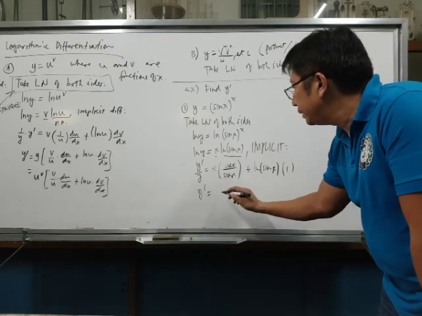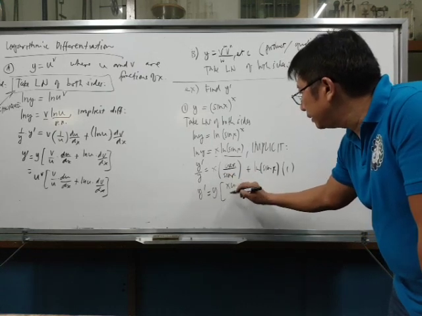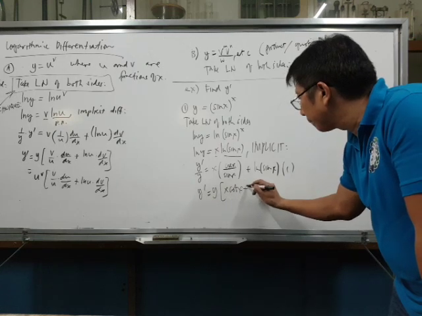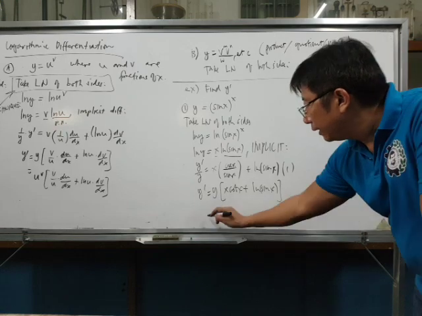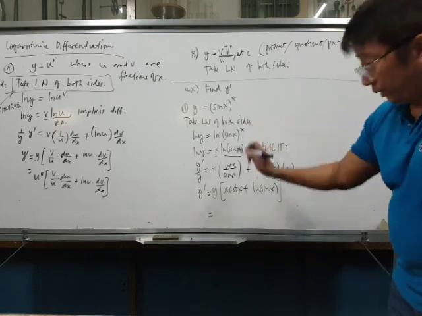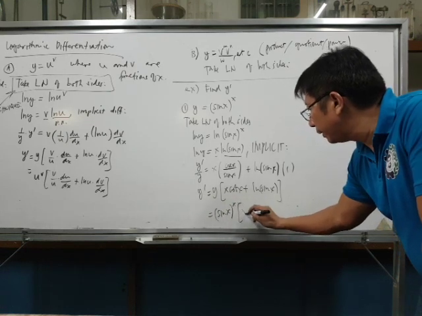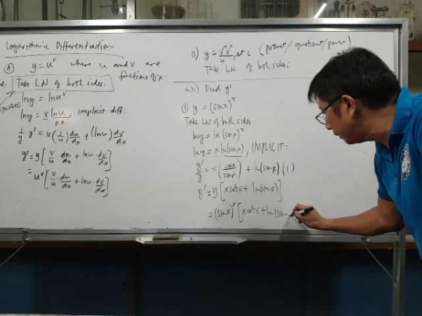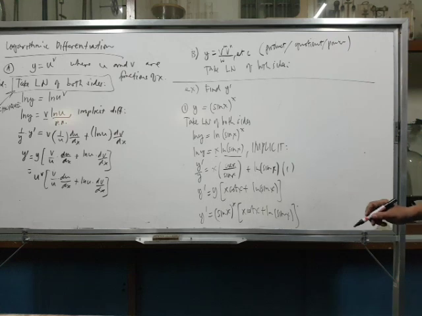So y prime equals y times x cotangent x, because cosine over sine is cotangent, plus ln sine x. And then finally, you just copy the original value of y. So (sine x)^x times x cotangent x plus ln sine x. So that is the value of y prime. Okay?